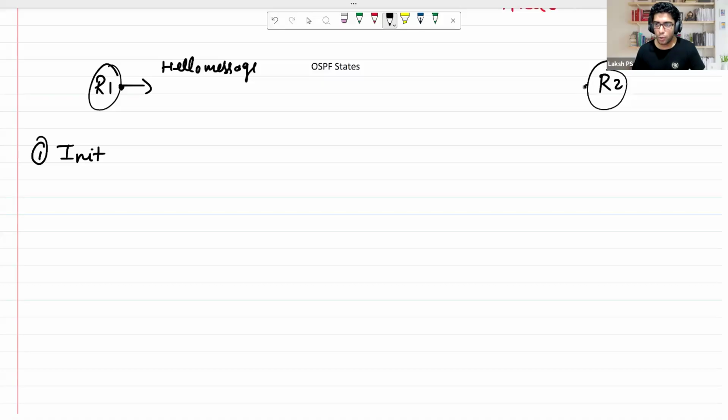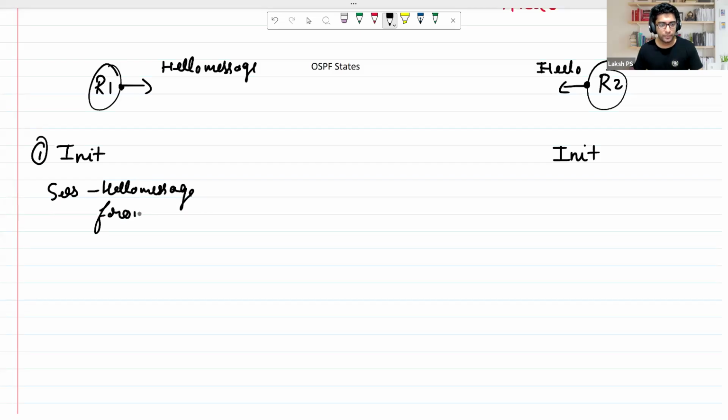Similarly, when you enable OSPF on R2, R2 is also going to send the hello message. Thereby, it is also moving into the init state. They both are in the init state now. Now, R1 sees hello message from R2.